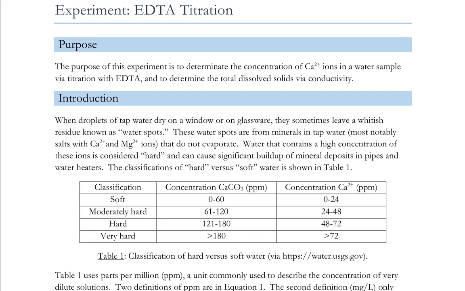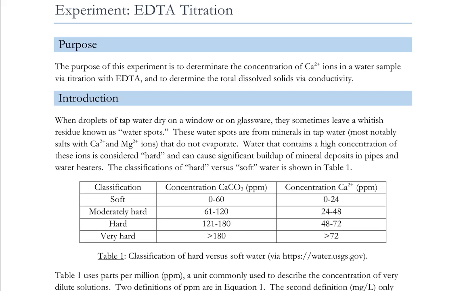We find that calcium ions, magnesium ions, and other minerals make for hard water. When the water evaporates, that stuff is left behind as a solid, an ionic solid, that causes a buildup of the mineral deposits that we see in pipes, water heaters, etc. Basically, we don't like hard water.